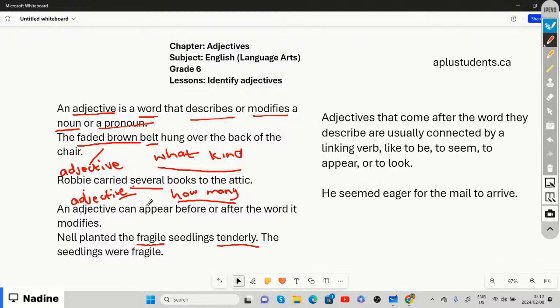Instead of saying Robbie carried 10 books to the attic, they're saying several books, which still gives the answer of how many books were sent to the attic.